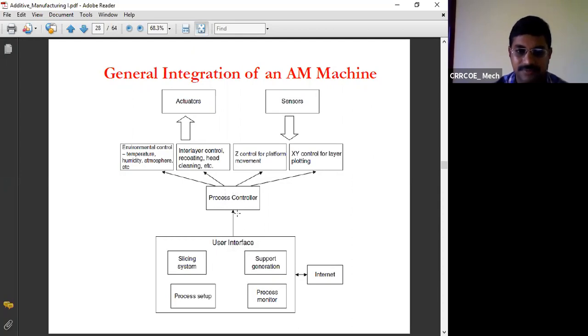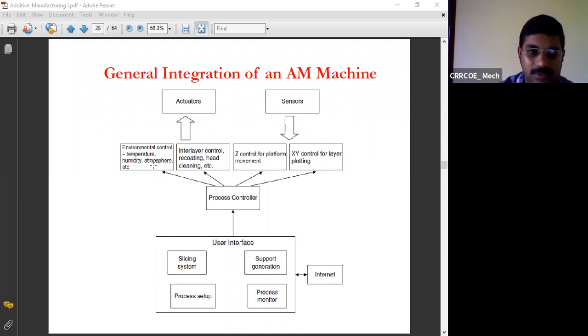Next it is shifted to use. So all of these, the slicing system, process setup, support generation, and process monitor, come under the user interface. The second thing is the process controller. What does it involve?